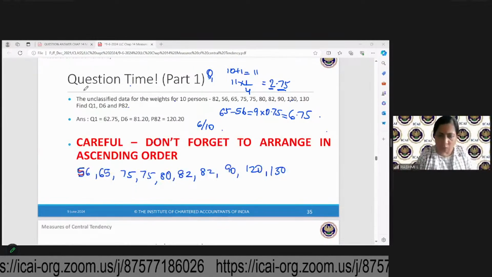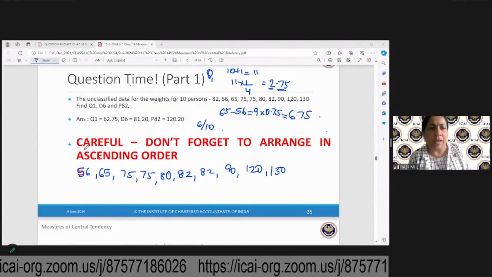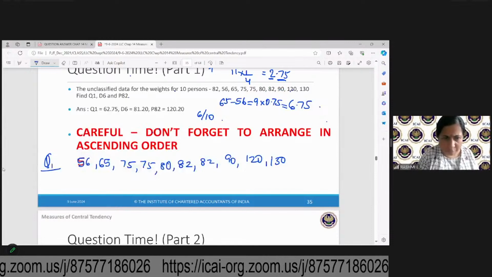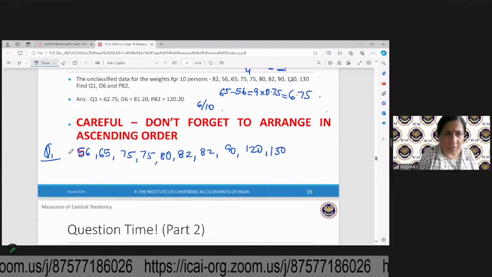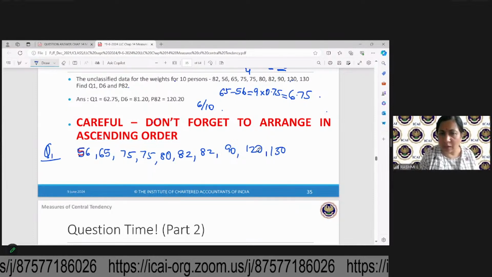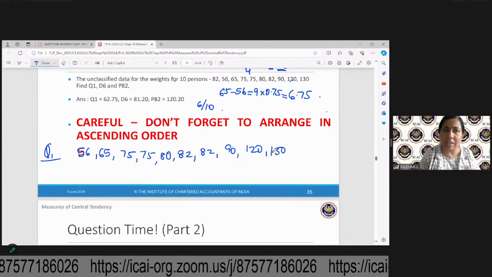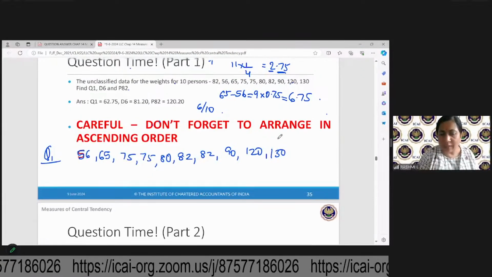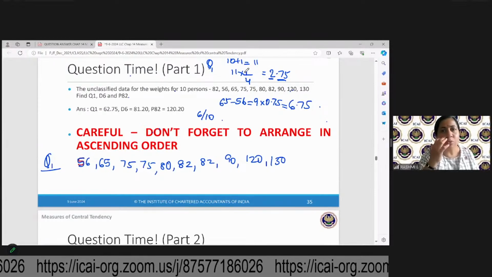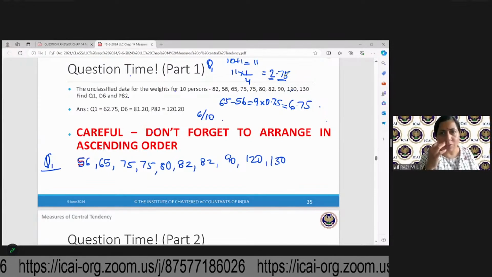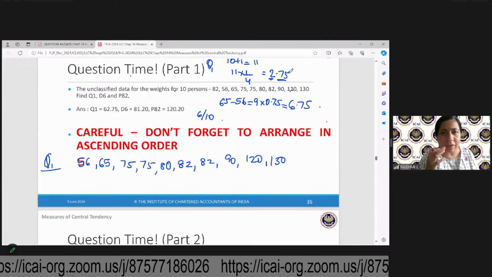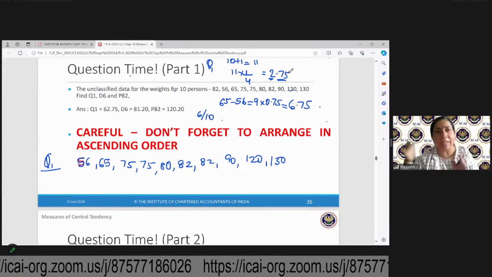Okay. See, what is happening here? Have you understood Q1? I thought you people were getting it, so I did it quickly. Okay, 56, 65, 75, 75, 80, 82, 82, 90, 120, 130. We have arranged in ascending order. Then what we did, we know that for Q1 it is 1 by 4, so 11 into 1 by 4, that is 2.75, means second number plus 0.75 of the difference between the second and the third number.